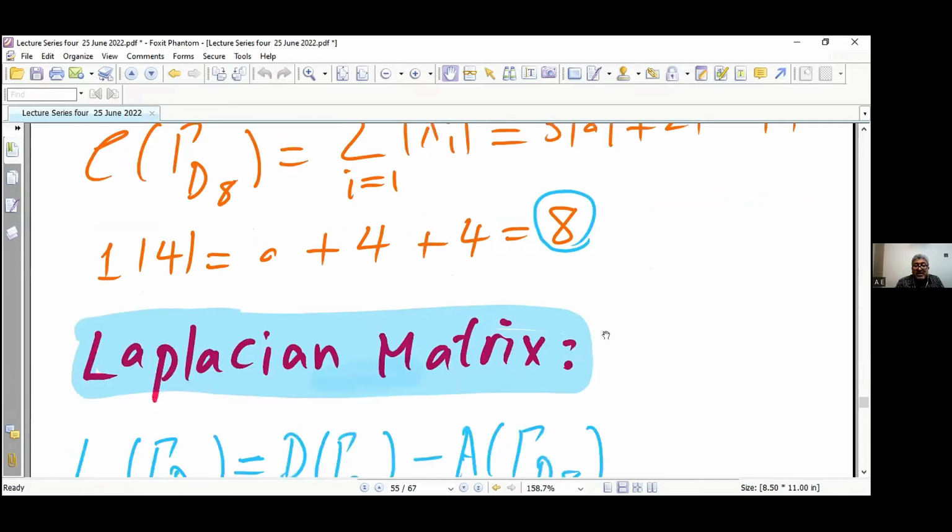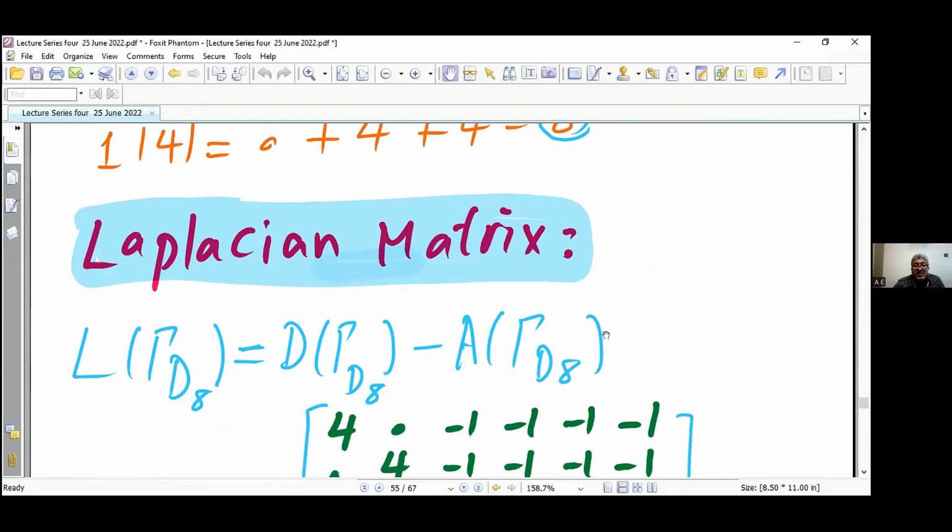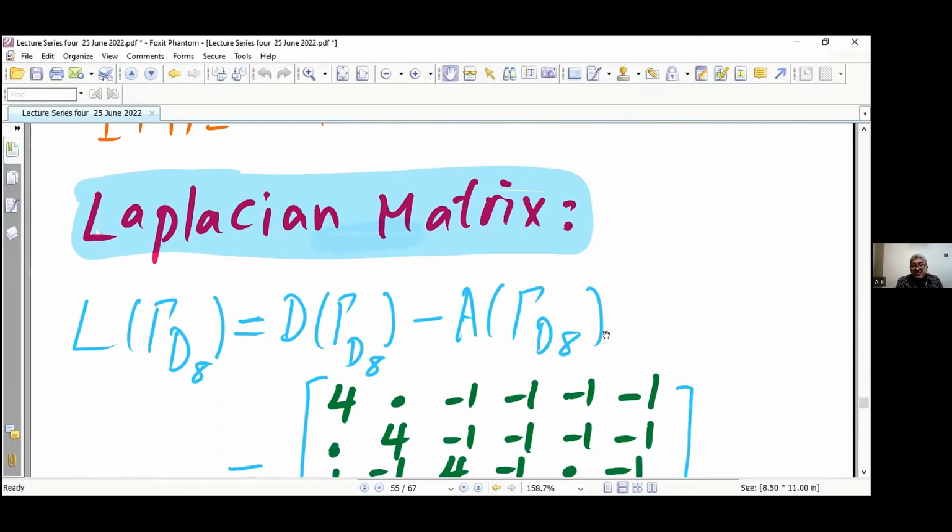Now, how about the Laplacian matrix? Because we have already computed the adjacency matrix and the degree matrix, we can use them for the Laplacian matrix of the non-commuting graph of the dihedral group of order 8.